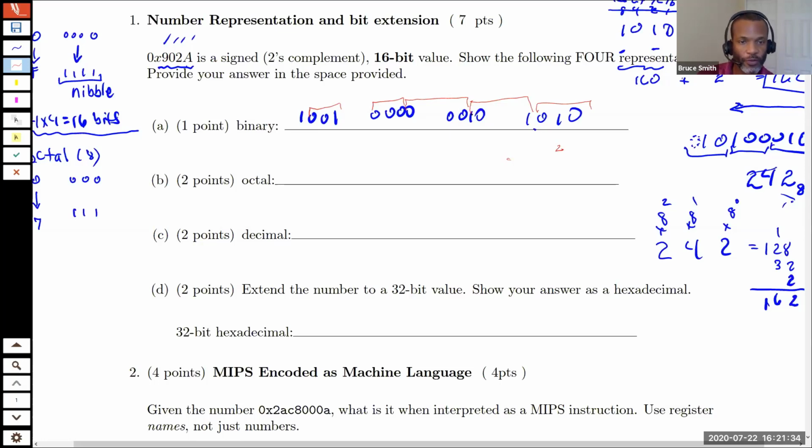So this one is a 4 plus a 1, that's a 5, a 0, a 0, a 1, and then a 1. So as an octal value, this is going to be 1, 1, 0, 0, 5, 2. Let's write that: 1, 1, 0, 0, 5, 2 as an octal value.